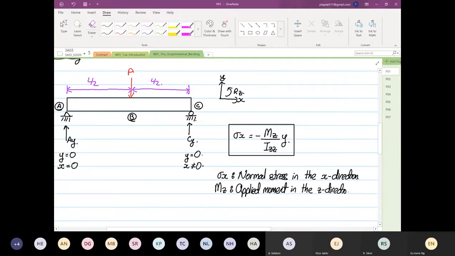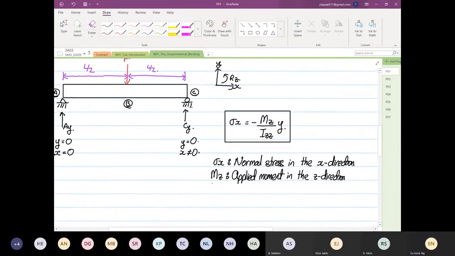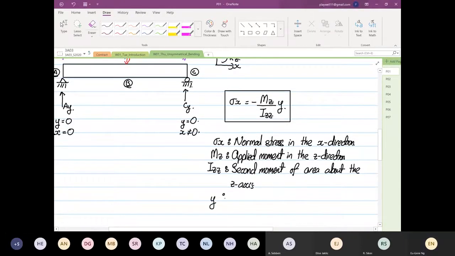Izz is the second moment of area about the Z axis. And y, you can see over here, is the Y distance measured from the neutral axis.